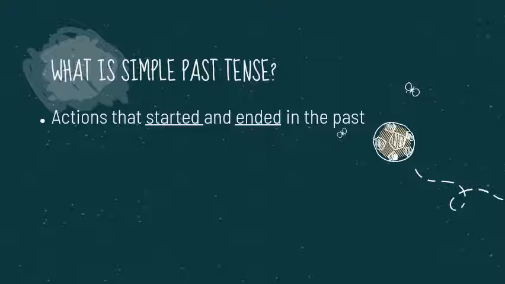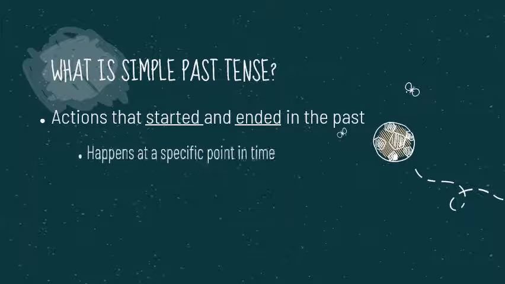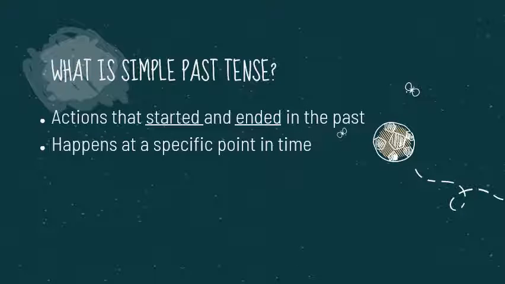What I mean here is it has to start and end in the past. Also, it has to happen at a specific point in time. For example, an hour ago, a minute ago, last week, yesterday. So all the sentences today have to have a specific point in time in the past.